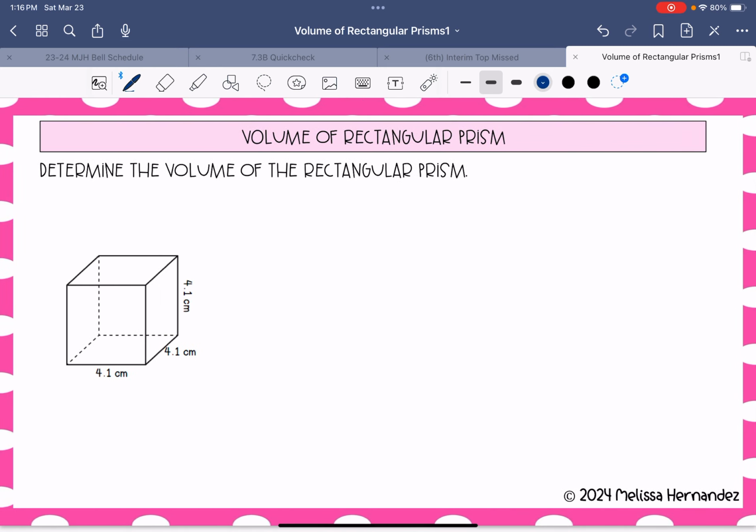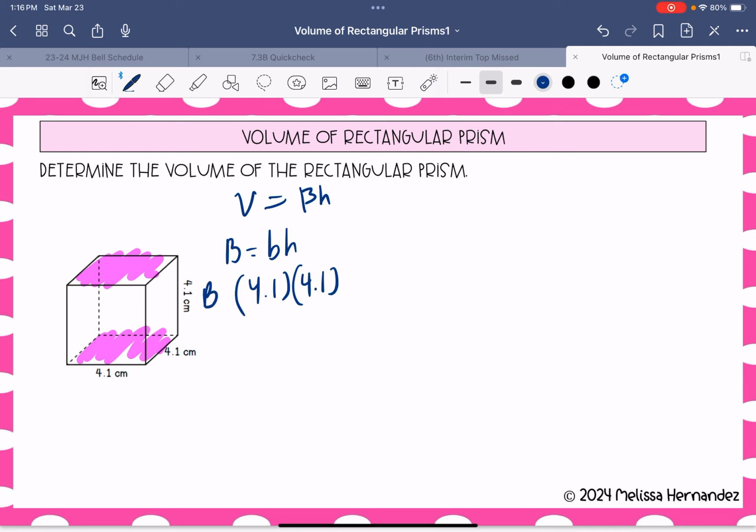Okay, so this one involves decimals, and I think it's a good opportunity to review decimals. The first thing we're going to do is shade our bases, and I'm just going to stick with the popular top and bottom. So we have to find the area of the base, which is base times height. It's 4.1 or 4 1/10. We don't actually have to line up decimals. We just multiply like regular.